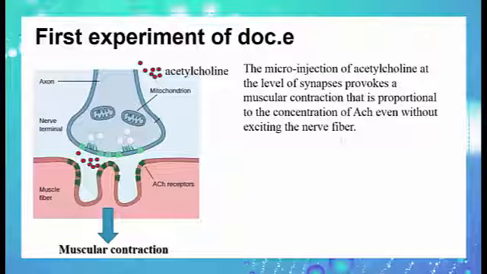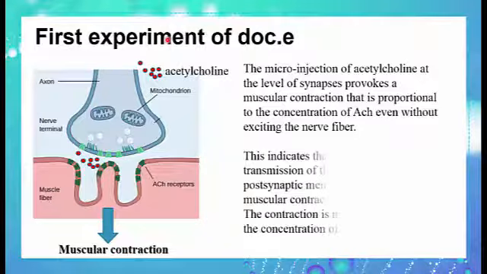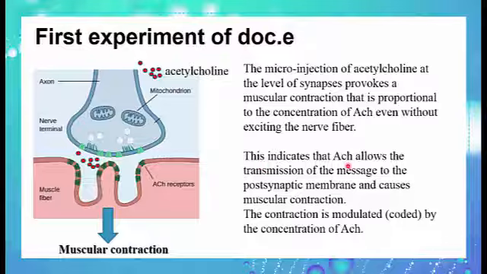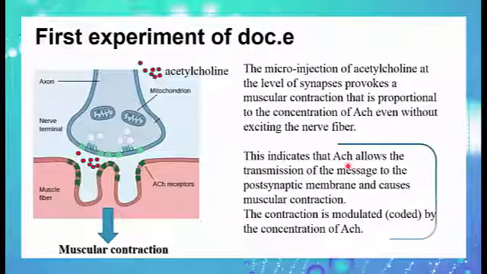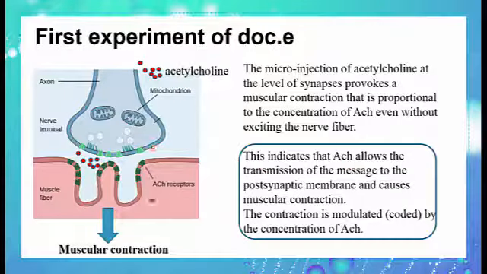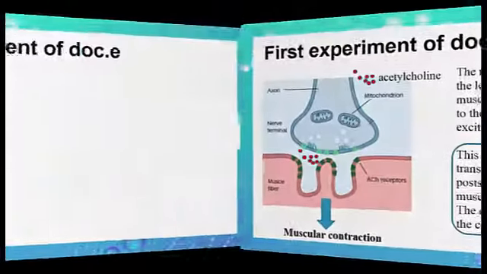So only when we inject acetylcholine here, the muscles will contract without exciting the nerve fiber. This indicates that acetylcholine allows the transmission of the message to the postsynaptic membrane and causes muscular contraction, and this contraction is modulated by the concentration of acetylcholine, which means that when the concentration of acetylcholine increases, the muscular contraction will increase.